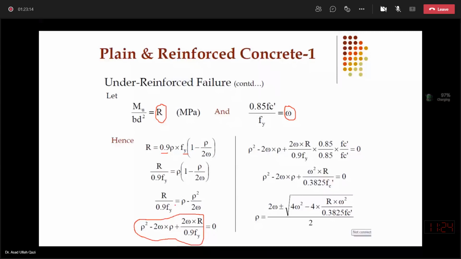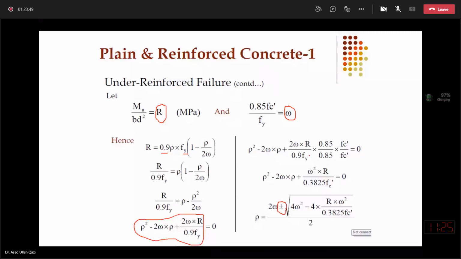Which out of them will give me a tension controlled under reinforced reinforcement ratio, that is important. This quadratic equation has been solved, and I am getting two roots, plus minus. You can do this by making such alterations to make the equation more smart.